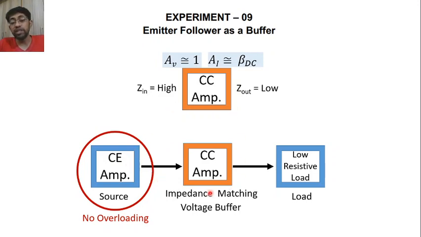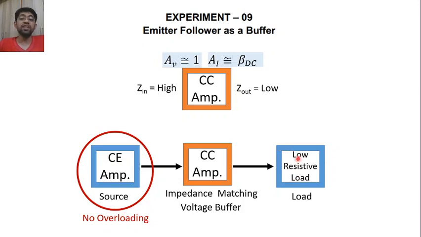But now, due to insertion of this CC amplifier, which has high input impedance and low output impedance, the high output impedance of the CE amplifier matches with the high input impedance of the CC amplifier, and the low output impedance of the CC amplifier matches with the low impedance load resistance.